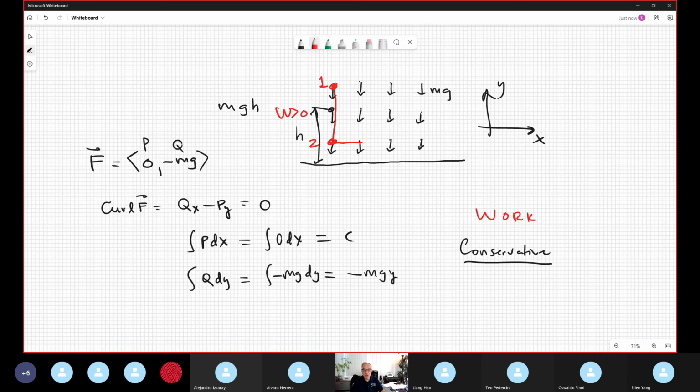What do you think about the work done from point 2 to point 3 in this direction? 0. Very well. Work 0. What is the work done from point 3 to point 4 in this direction? Negative. And this is 0 again, right? Work is 0.